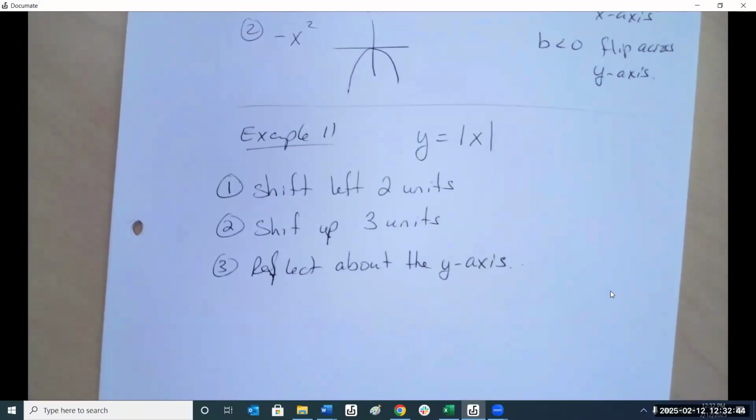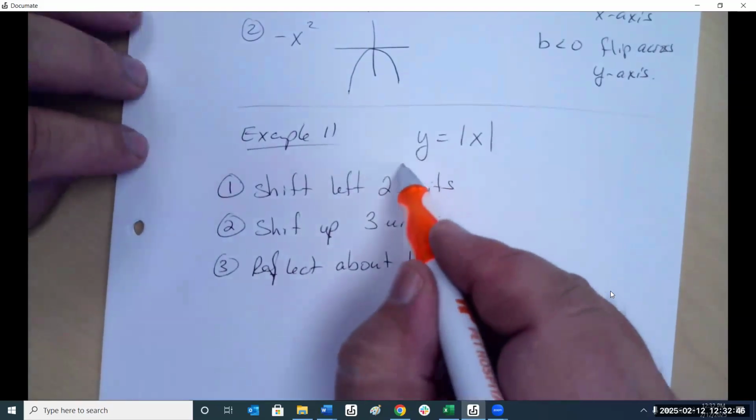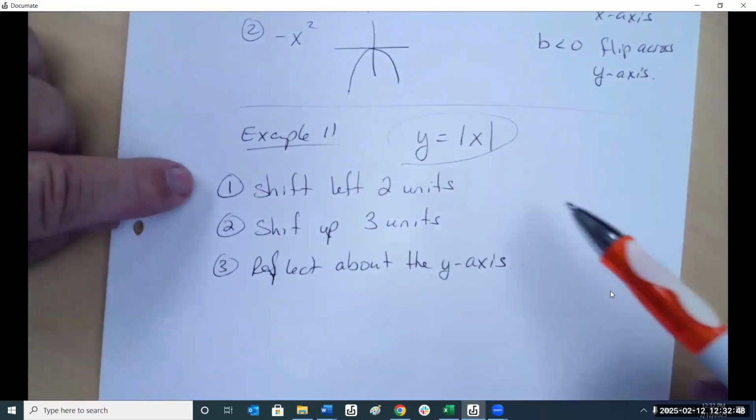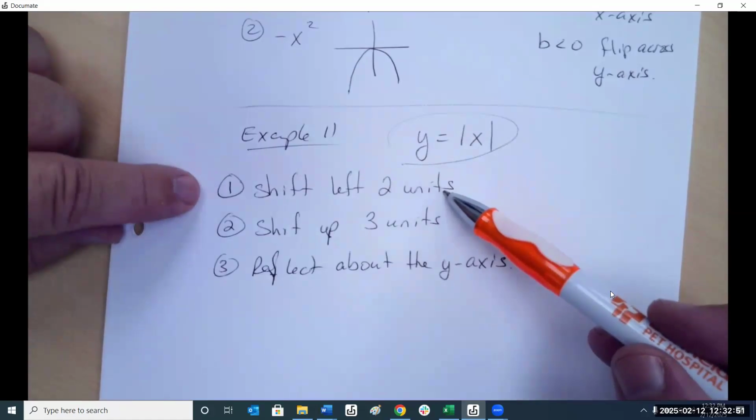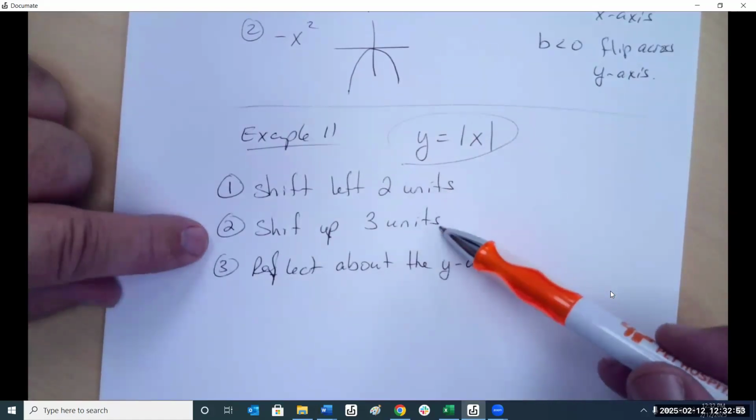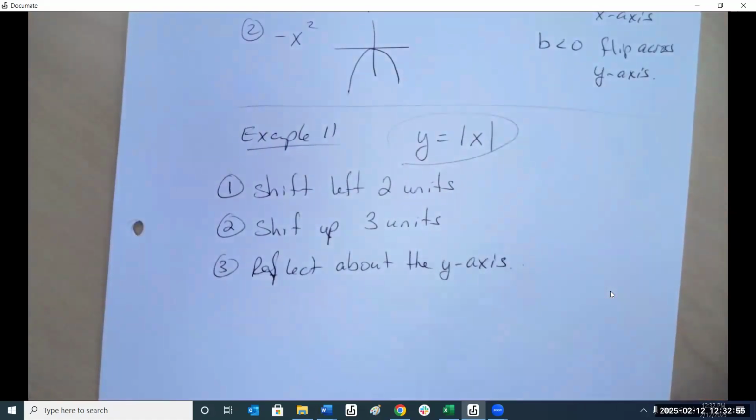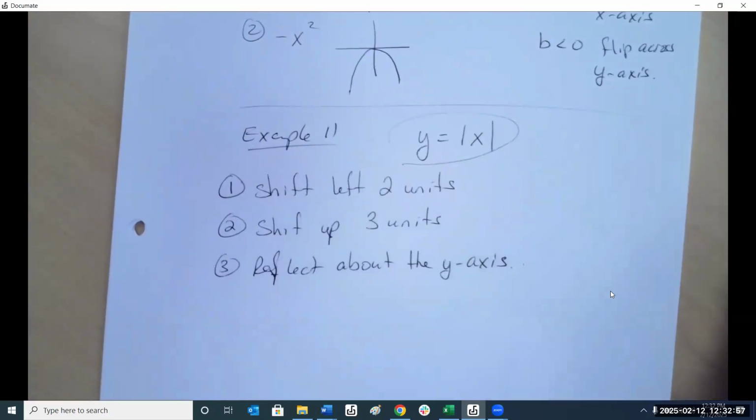So here are your instructions. Here's your function. I want you to shift it 2 units to the left, 3 units up, and reflect it across the y-axis. Tell me what the new function is going to look like.